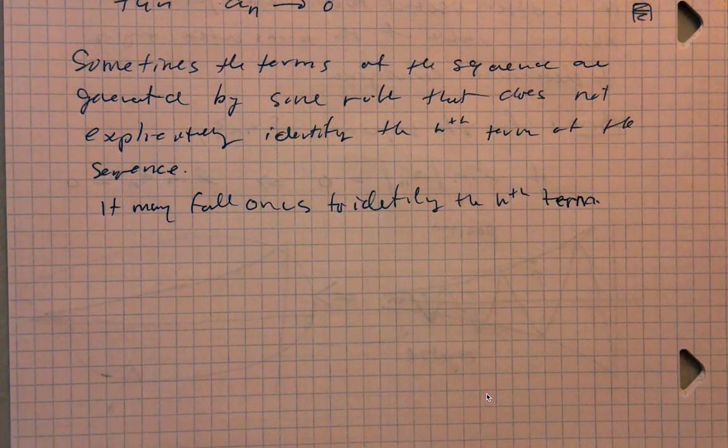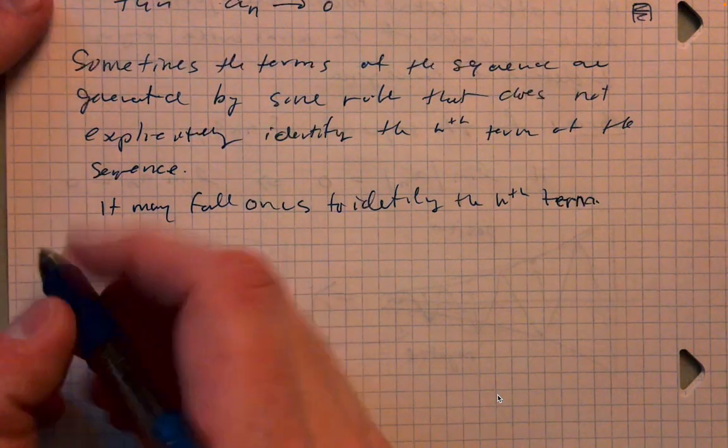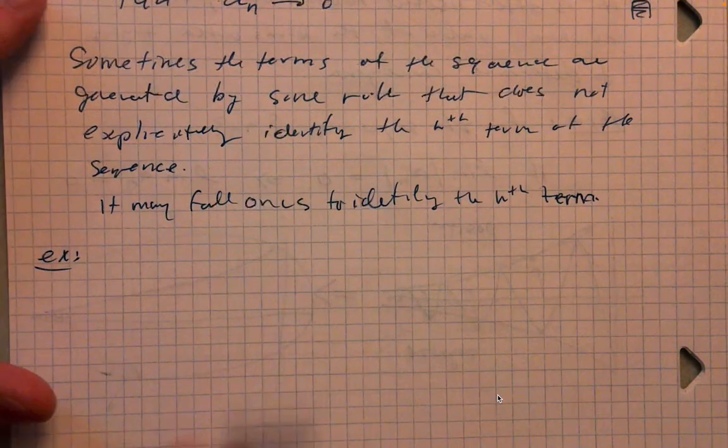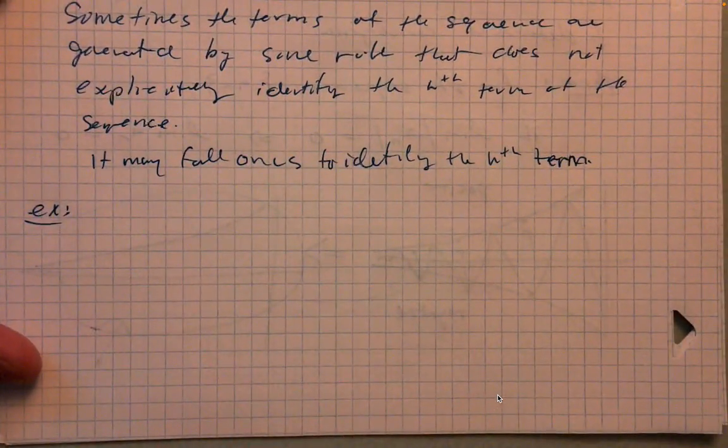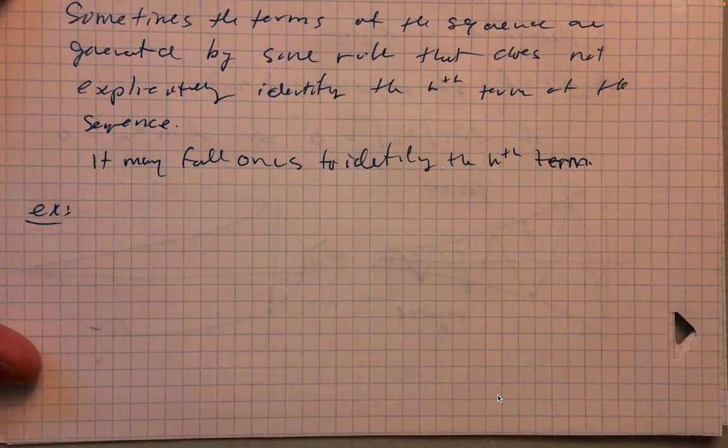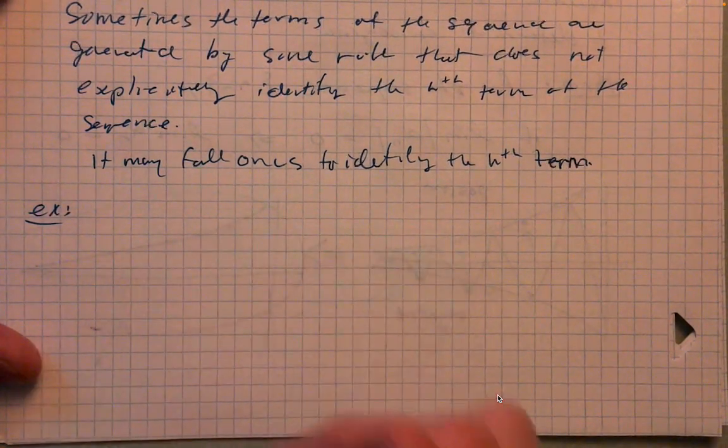It can be tricky at times identifying what that rule is. Let's do some examples. It's something that requires a lot of practice to get good at. Some people are naturally good at it, some others require more experience, and some never get good at it. It sort of depends on who you are.